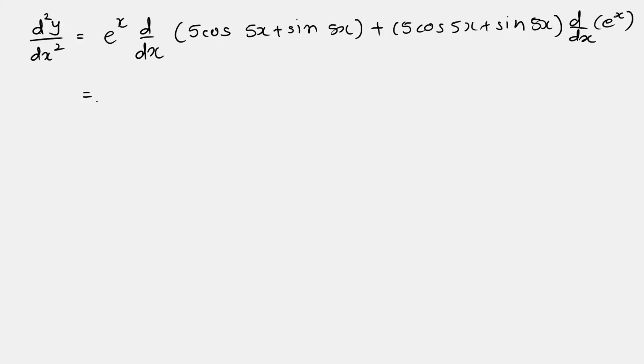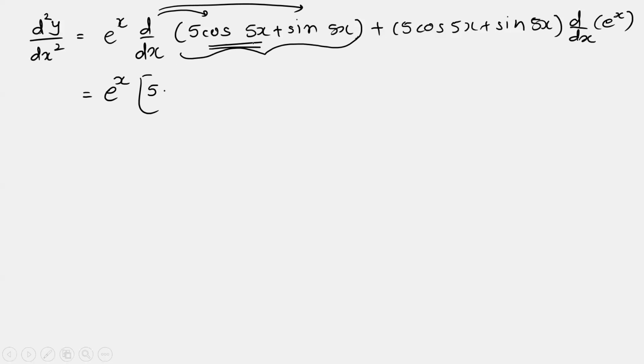So e to the power x as it is. Let's do the differentiation of this full bracket. I can see that again we have to use the addition rule for this differentiation one by one. We are not going to write the full step, but I can write down the answer. 5 as it is. Then I have cos 5x, minus sin 5x.